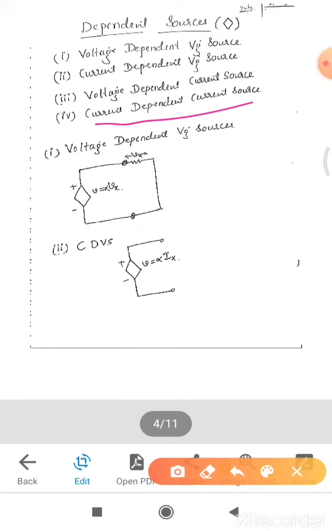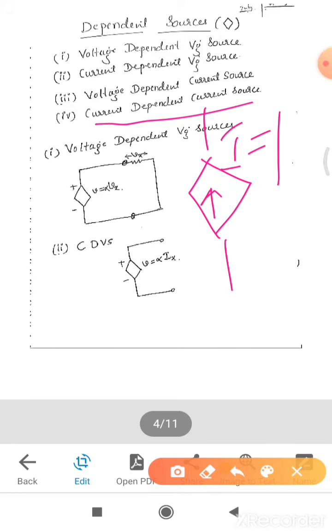Next, the last one: current dependent current source. This is a dependent current source, and I is equal to beta, some magnitude of this source, times a current. It is dependent on the current of the same circuit, which might be in a different branch.